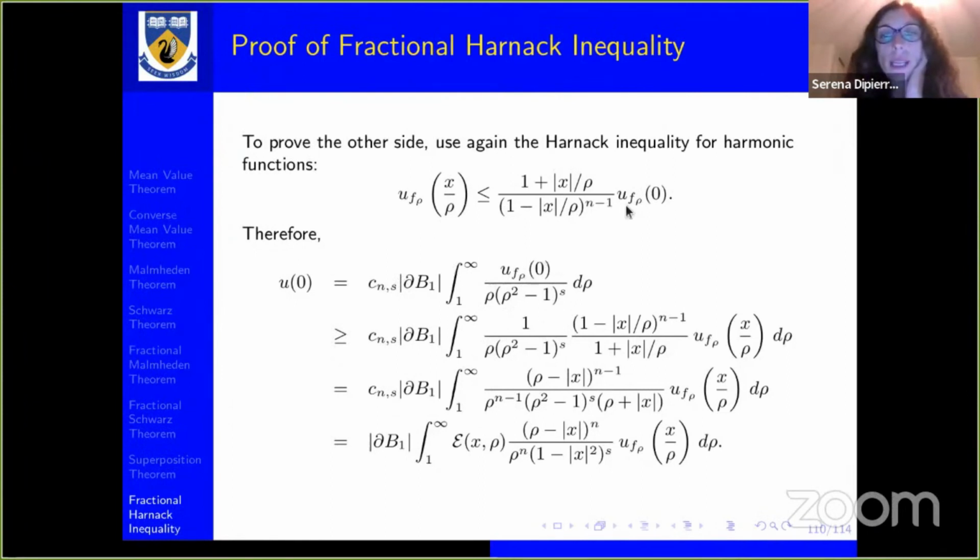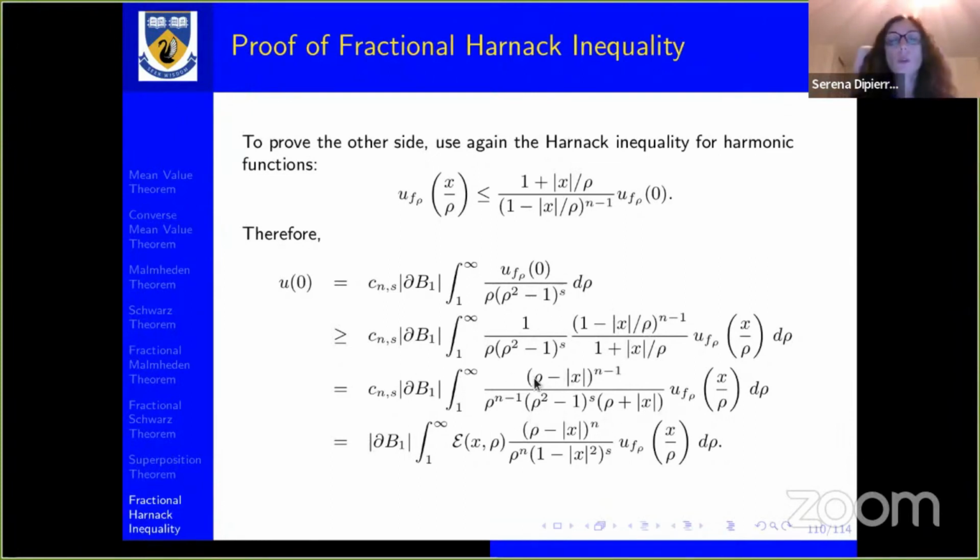And then I use the Harnack inequality above. So u of f rho is bigger than u of f rho evaluated at x over rho, multiplied by this constant. And then I will do some algebra to simplify this expression, and I will end up with this.